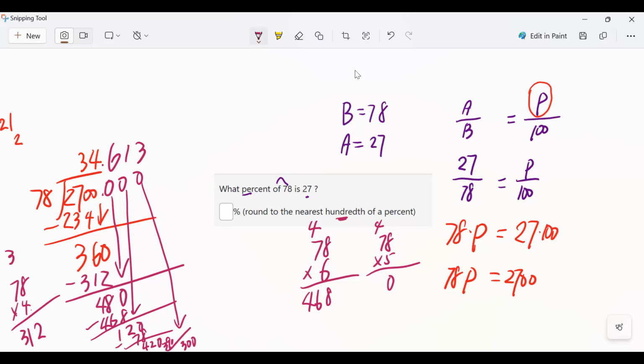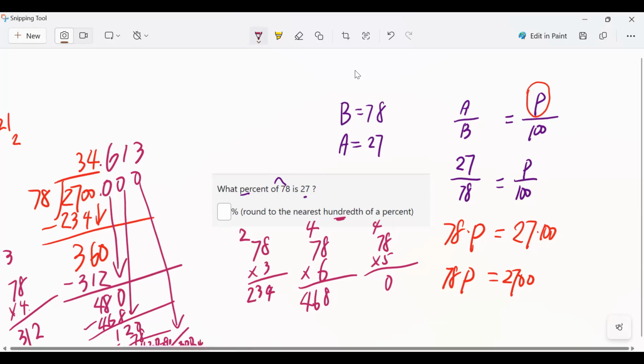Now we can round it, right? So 3 times 78. 3 times 8, 24. Carry 2 over. 3 times 7, 21, and 2, 23, 234. So the remainder is going to be 66.